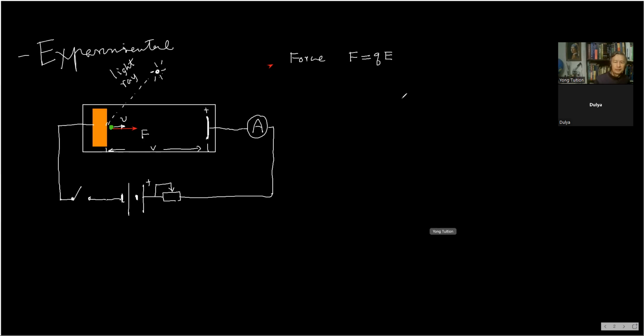However, if we don't know the electric field, we can at least work out the work done. The work done by the electric field is equal to Q multiplied by the potential difference. So this is work done by the electric field.